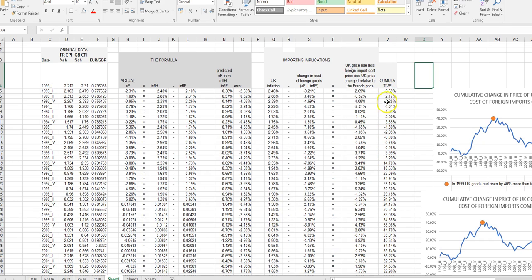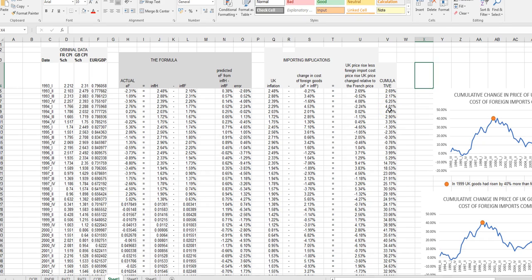Here I've put in the cumulative because clearly if it's going up one year, down the next, you want to know, okay, how does it compare over the years? So in the first year it was 2.69. In the second year it was 2.17 higher than the 93 second quarter price. Then it was 6.25, so it was getting more expensive.